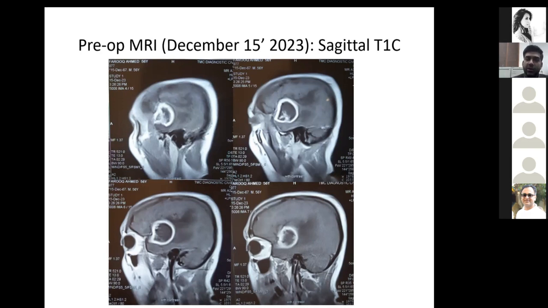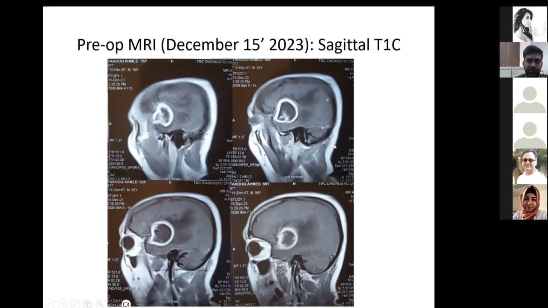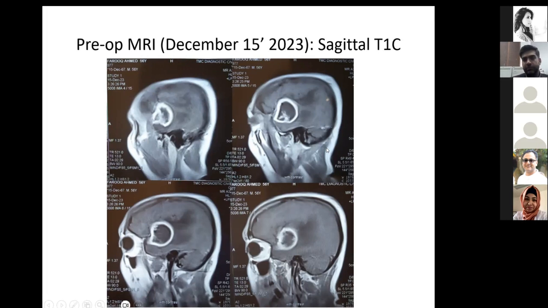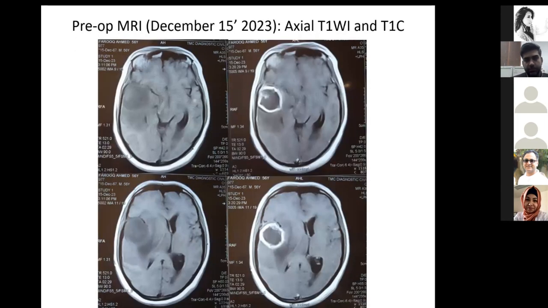Okay, thank you. Dr. Shayan, what will be your differentials in this case? Assalamu alaikum. I hope I'm audible. Yes, you are, Dr. Shayan. All right. So I agree with Dr. Shumaila's differential because we see a lot of vasogenic edema and there is a thick enhancing lesion.